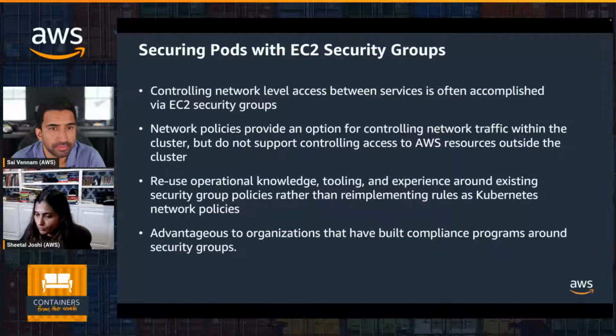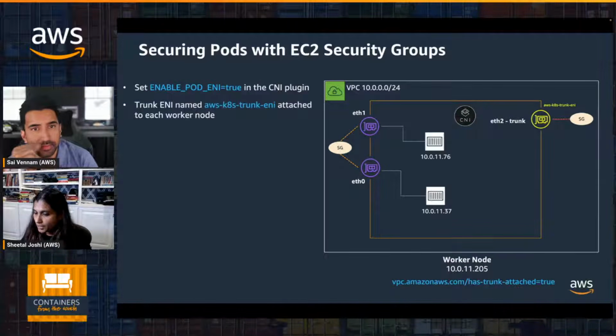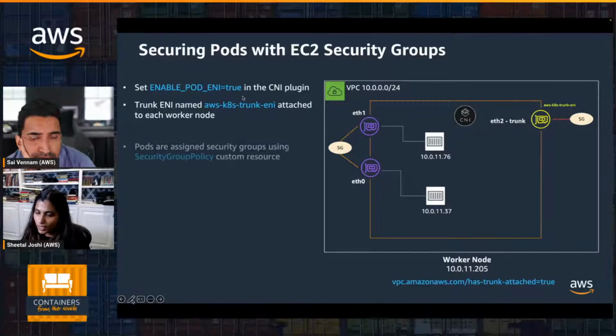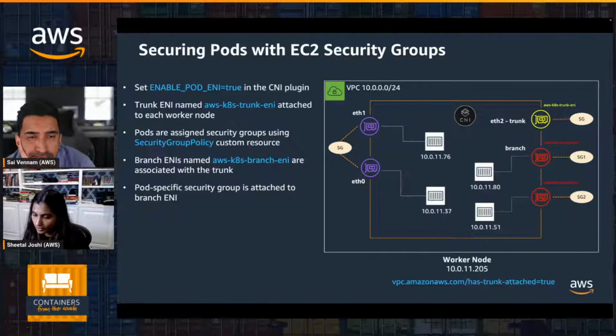With security groups for pods, you can assign a separate security group to a pod. And how does VPC make it happen? You can enable it using a setting called enable pod ENI. What happens when we do that? There is a VPC resource controller running on the control plane, and it creates a trunk ENI and attaches that trunk ENI to the node.